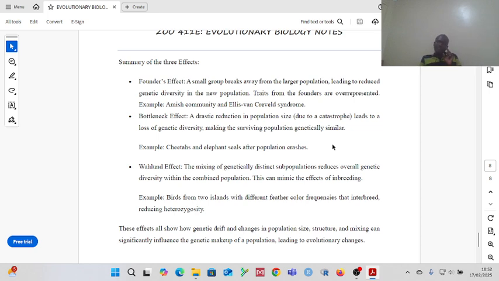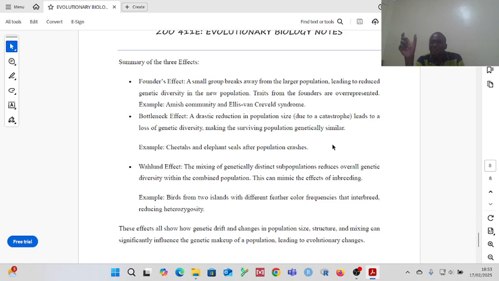In a bottleneck, there is a drastic reduction in the population size, mostly due to a catastrophic event. That reduction in population size means the ones who die as a result of that catastrophe will not participate in the creation of the next generation. So only the surviving individuals, which will be a significant reduction compared to the original population, only the surviving ones will be used to regenerate the new population.